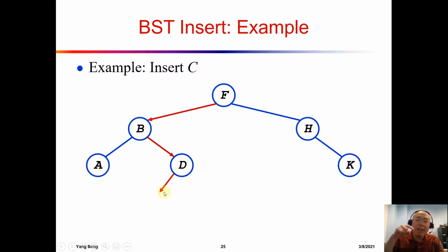Now we find the right location, but we also want a trailer pointer saying what is the node I just touched, and this will give me D. So once my current cursor goes to a null, I use my trailer pointer, which is D, and say, okay, I want to insert C to the left subtree of D. That is the right location, the location I'm searching for. Okay? And then we put C here.